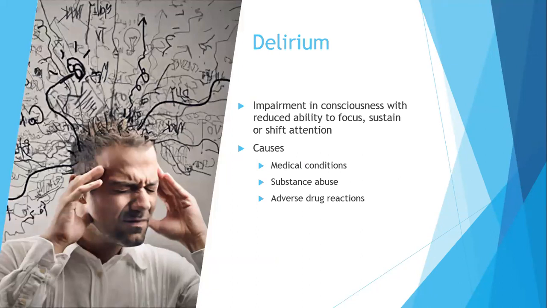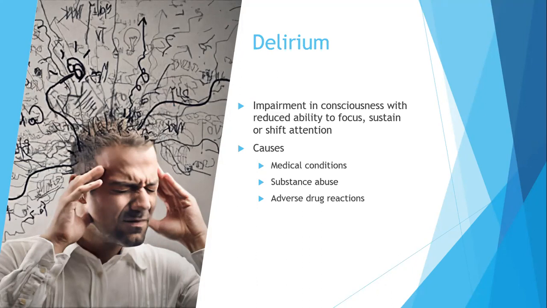Delirium, on the other hand, is more transient. It's usually caused by medical conditions. It can be caused by substance abuse or an adverse drug reaction. It's an impairment in consciousness. You have reduced ability to focus or sustain or shift attention. You know how in acute care class we said people are alert and oriented times three?